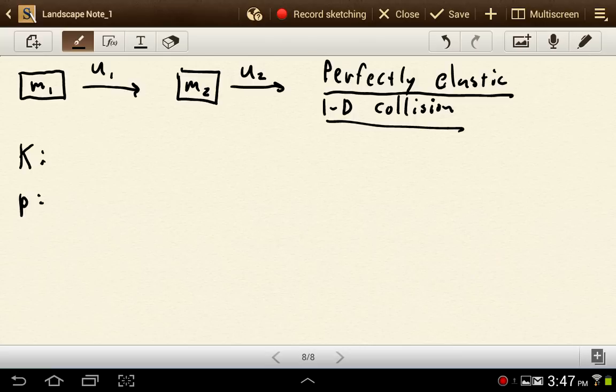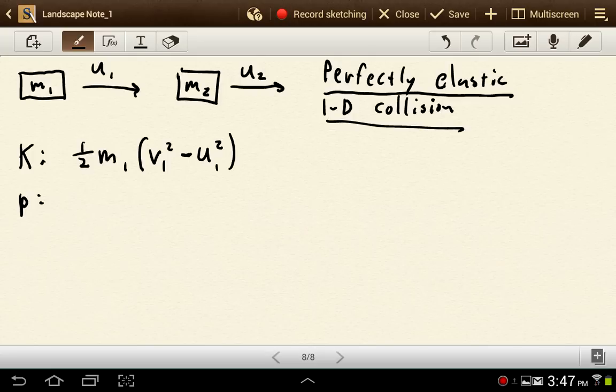I want to say 1/2 M1 times V1 squared minus U1 squared. So this is the change in kinetic energy of mass 1, okay?